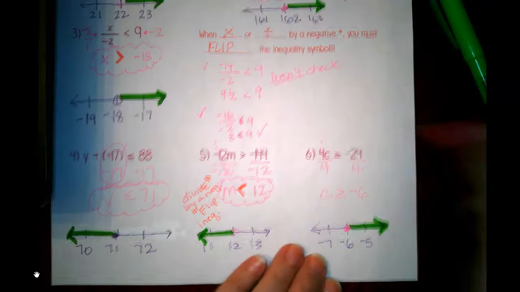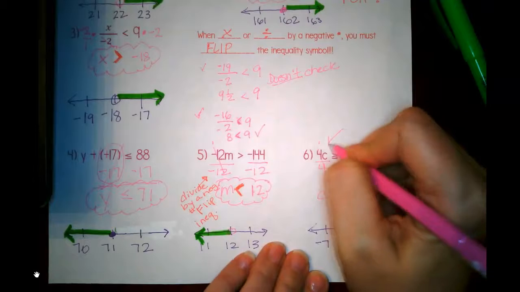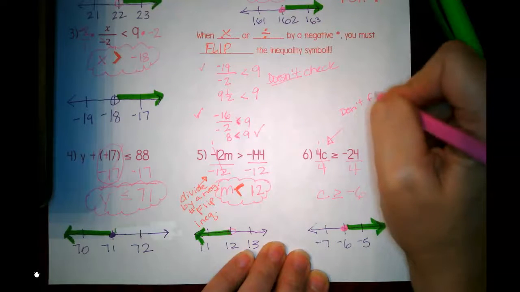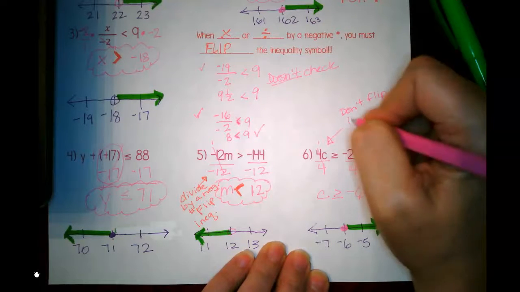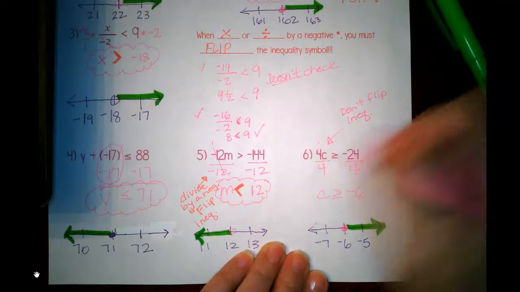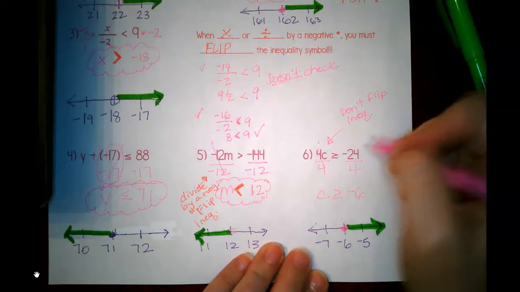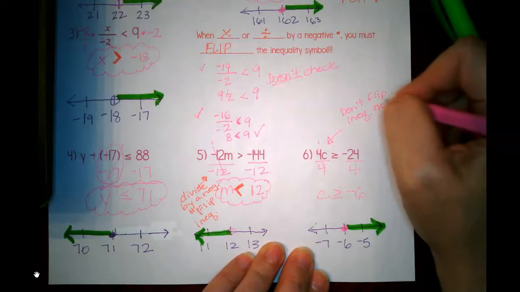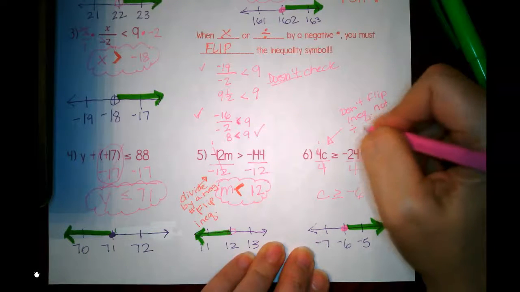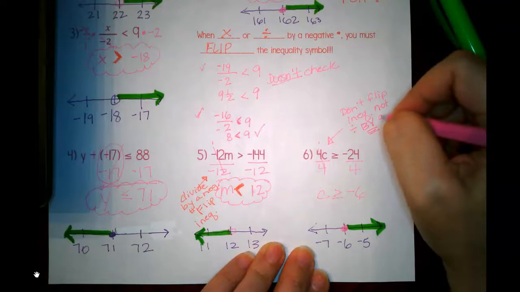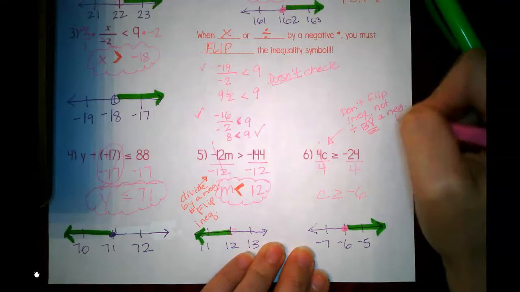Be careful on this one. You're not going to flip here. Don't flip the inequality, because we aren't dividing by a negative. We're dividing into a negative, not dividing by a negative number.